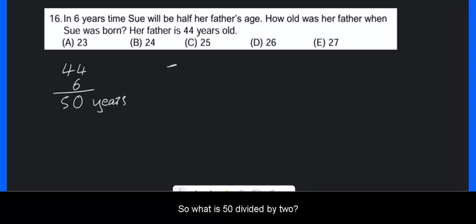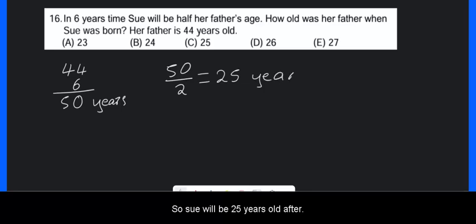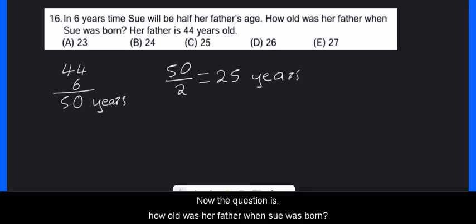So what is 50 divided by 2? That is 25. So Sue will be 25 years old after 6 years. Now the question is, how old was her father when Sue was born?